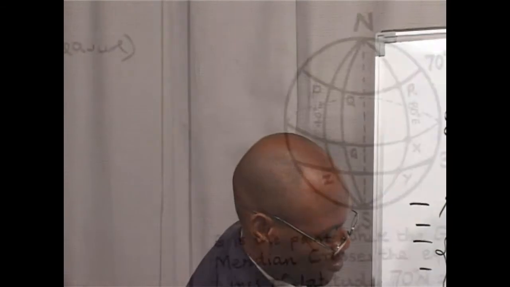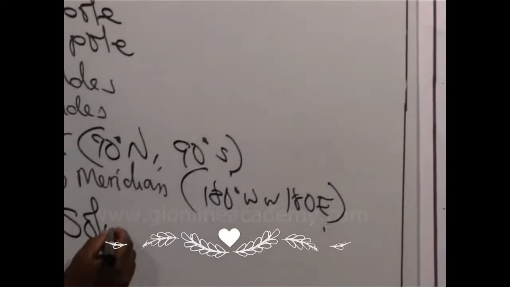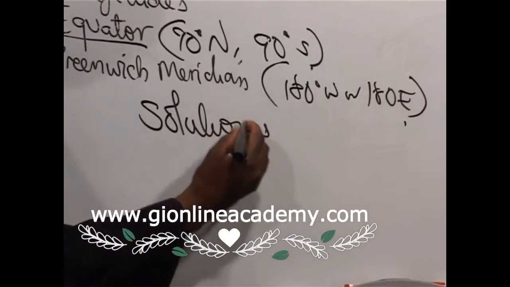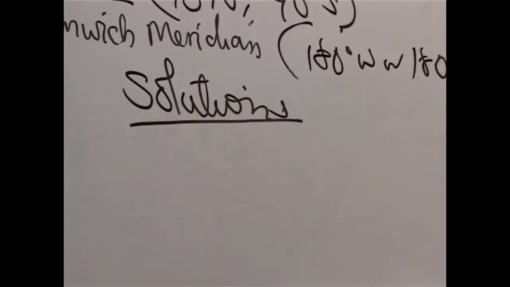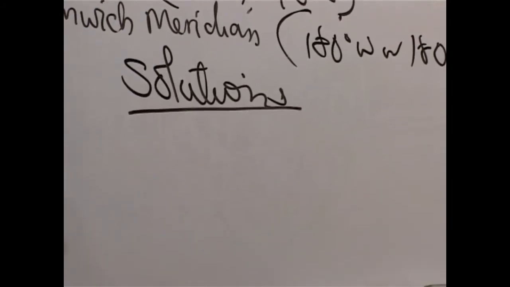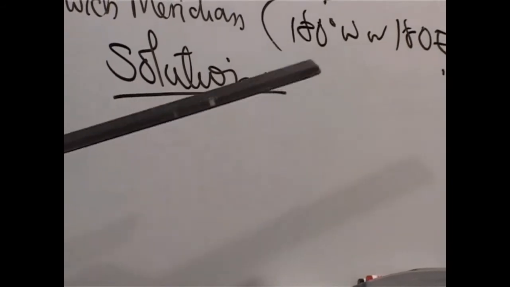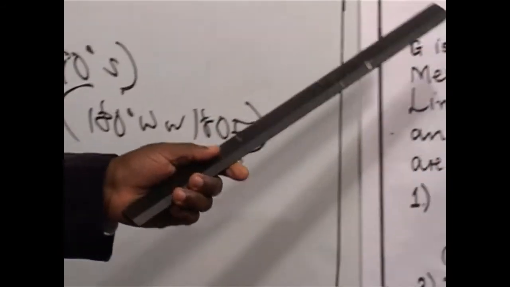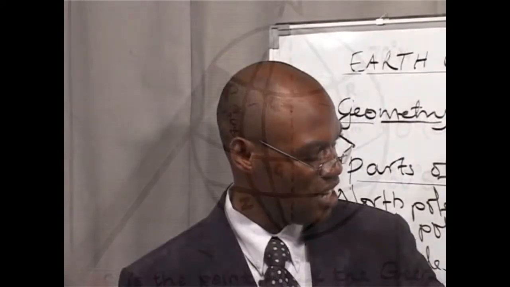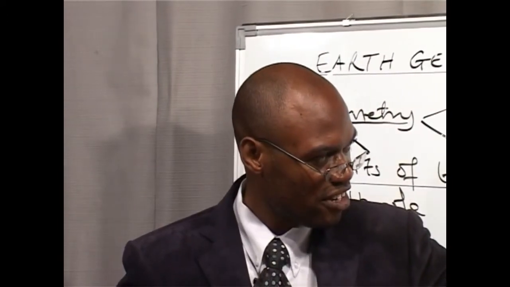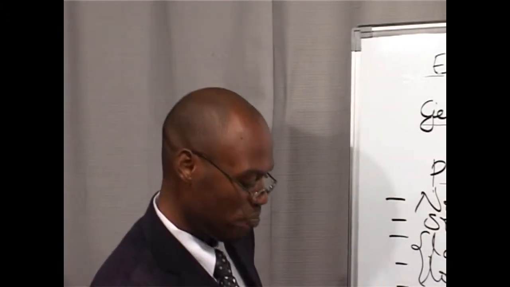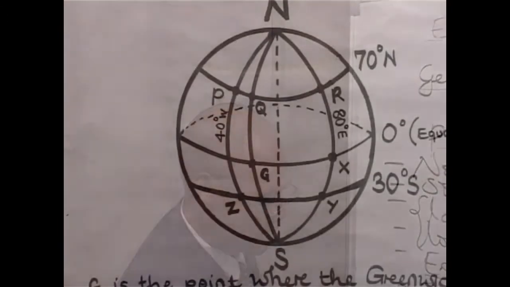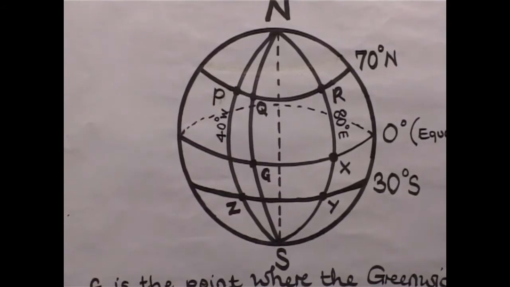A, solutions. Point P will be, you look at the latitude from the chart. P lies on the latitude of 70 degrees north. So that means the latitude for point P is 70 degrees north.